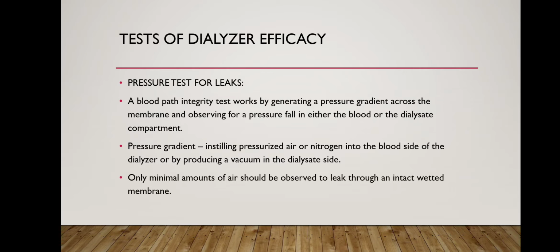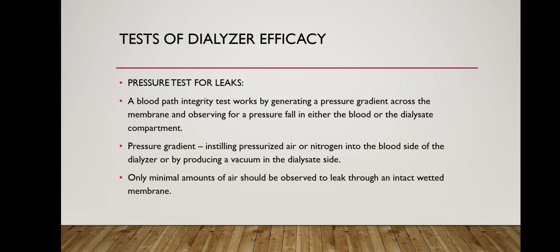Next, to test the dialyzer efficiency. First, pressure test for any leaks of the dialyzer blood path integrity. The test works by generating a pressure gradient across the membrane and observing for a pressure fall in either the blood or dialysate compartment.